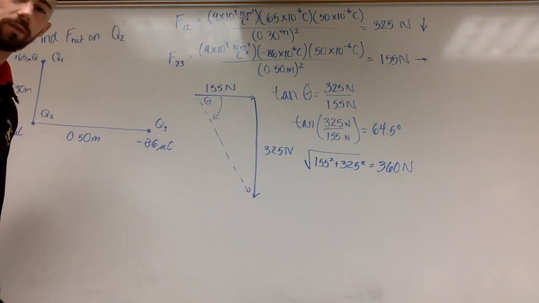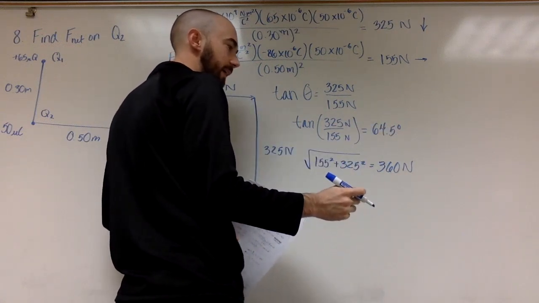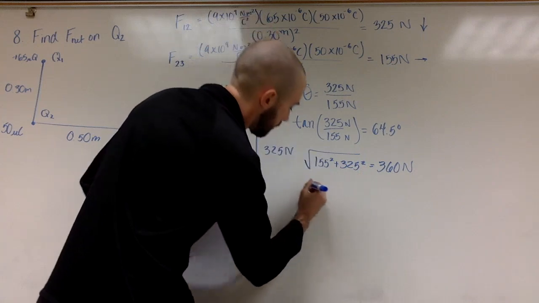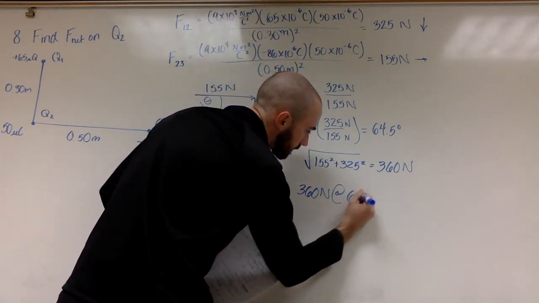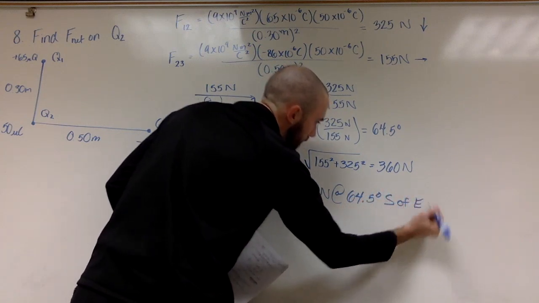Now what I want you to do with this is combine it together. Final answer, angle and a force magnitude. So I would say 360 newtons at 64.5 degrees south of east.